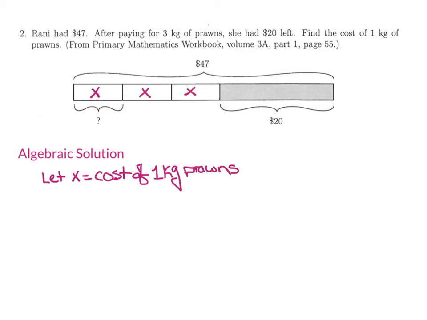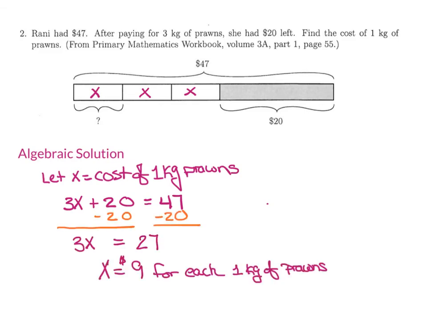This means that the portion of the 3 kilograms together would be represented by 3x, giving us 3x plus 20 equals the total $47, as you can see in this equation. So now we just need to solve our equation. As you can see, we end up with each kilogram of prawns equaling $9.